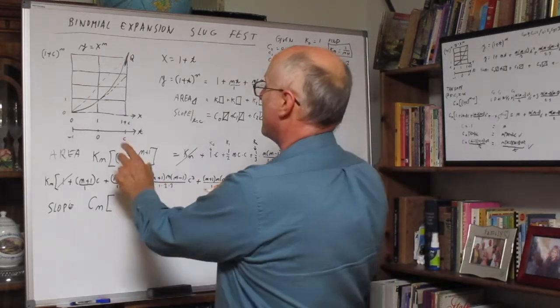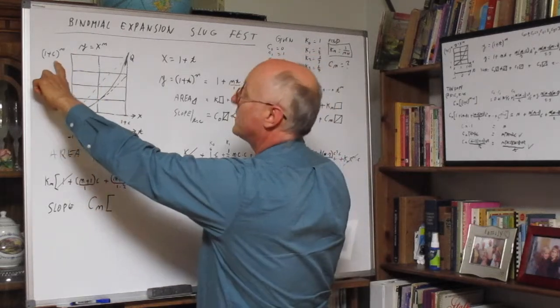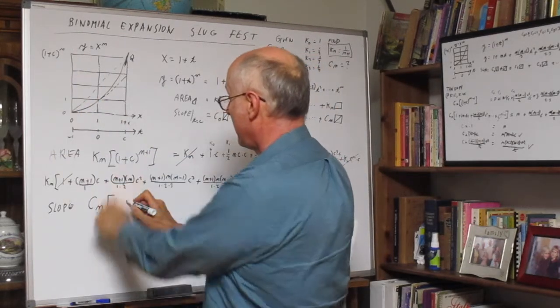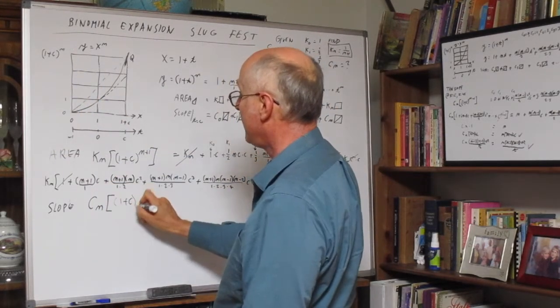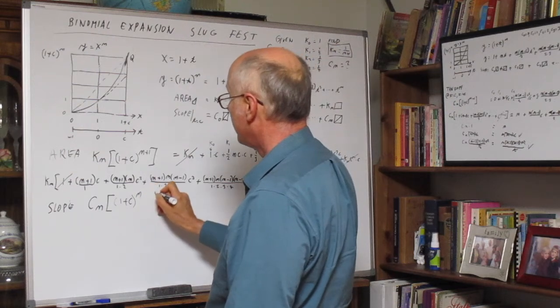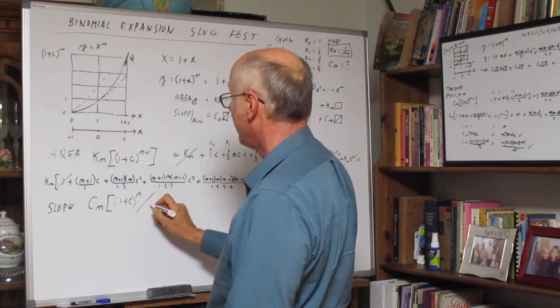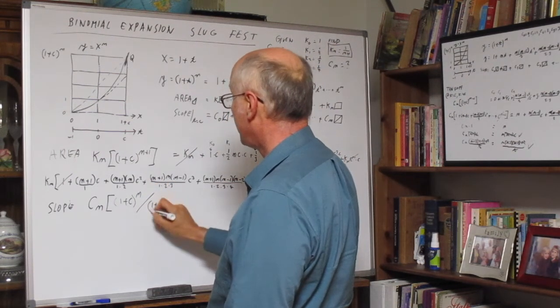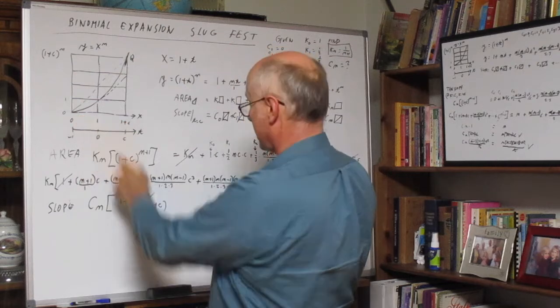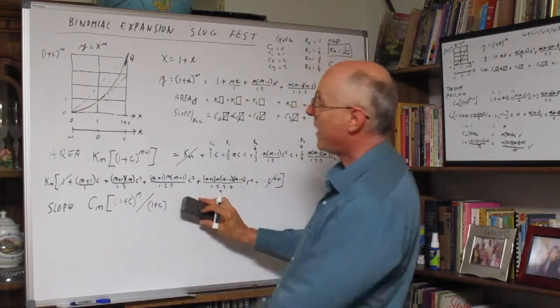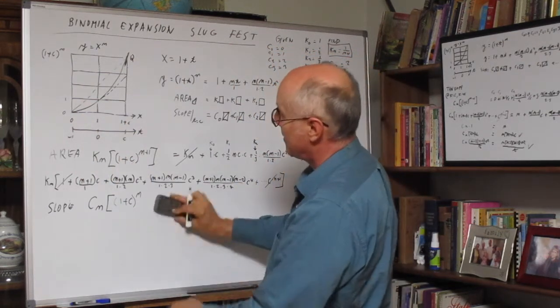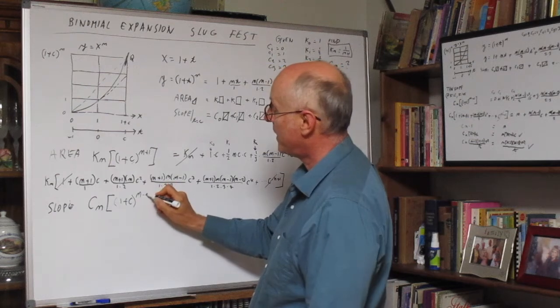So let's do it. It's 1 plus c to the n, divided by 1 plus c, right? That's on this side. You can rewrite that as 1 plus c to the n minus 1.